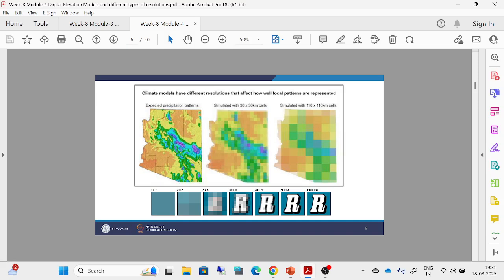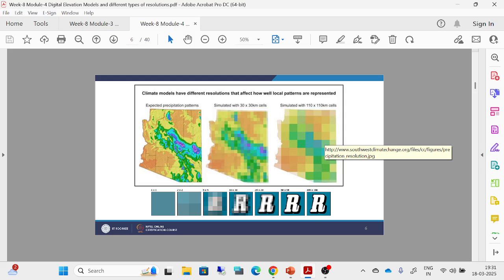But if you go to this 1 by 1 representation, we get the pattern very easily. We understand what is shown here, and this is the expected precipitation pattern. So when we move from the coarser resolution to the higher spatial resolution, from left to right, it is more comfortable for us to resolve between the cells.